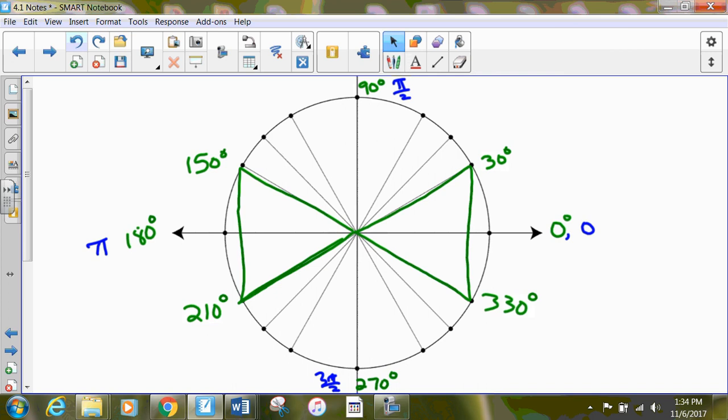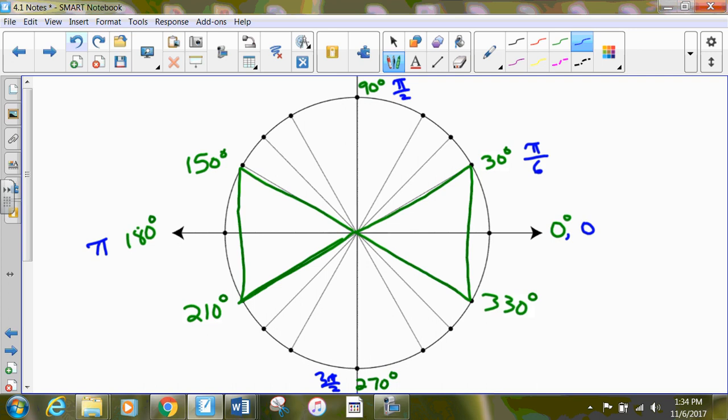We're going to stop with this bow tie with the degrees, and let's pick up with the radians. When we're doing radians, we know we could take 30 degrees and multiply by pi over 180, and we get pi over 6. So all of these angles in the bow tie are pi over 6 away from the x-axis.